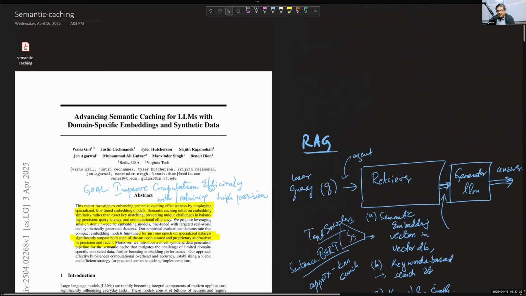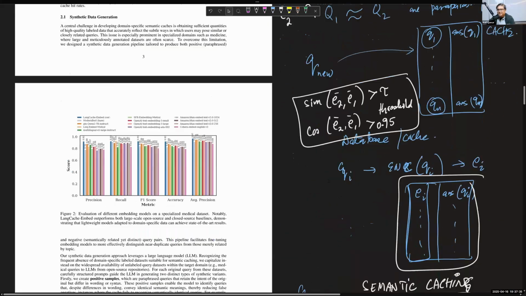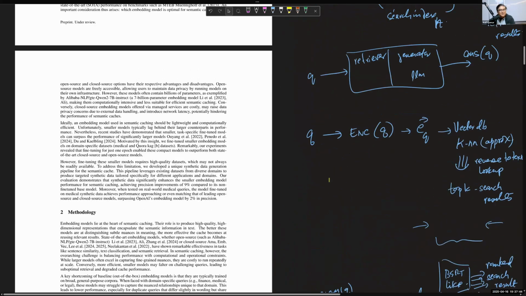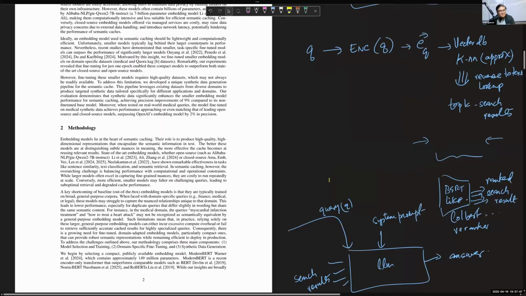So this is the idea that we were talking about here in white color, that if your similarity exceeds a certain threshold, then you do that. Now, how would you do that? The method is actually very simple.